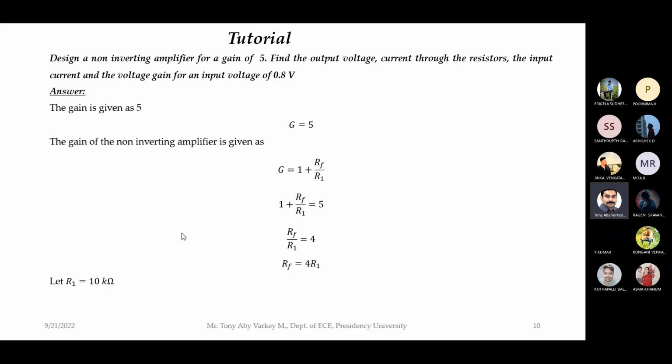Correct. So RF is equal to 4 times R1. Correct. So 4 into 10 kilo ohm, which is 40 kilo ohms. Is it clear? Understood, right?